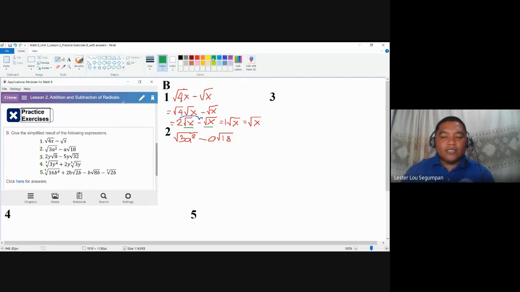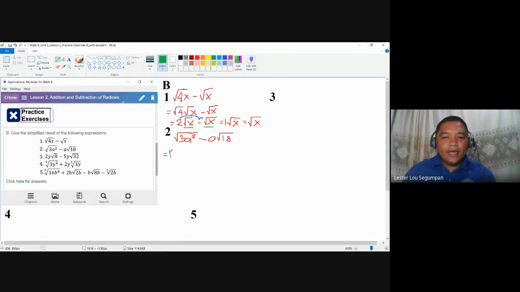So let us try to simplify them one by one. For some of you who could simplify both of them at one time, it's okay with me, no problem with that. But for some of us who are still in confusion on what to do, we are going to do it step by step. Let's try to simplify this first.